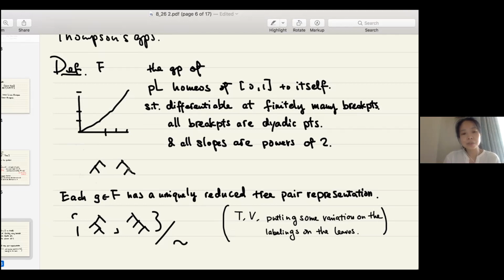These are the building blocks of a binary tree. Then we could use a pair of binary trees with the same number of leaves to represent an element of Thompson's group.